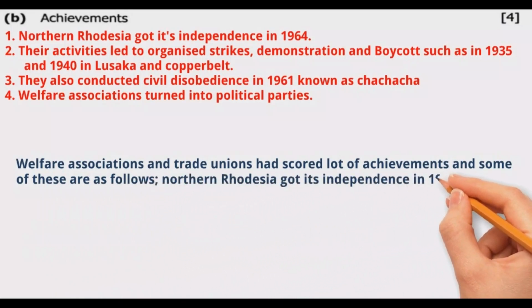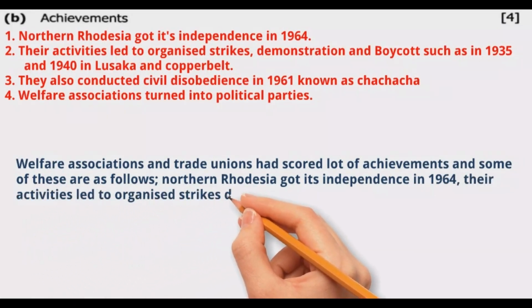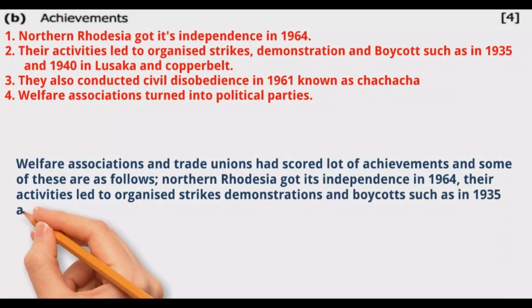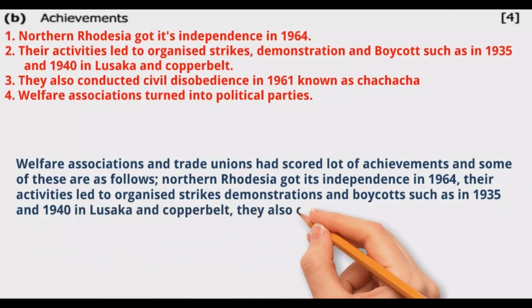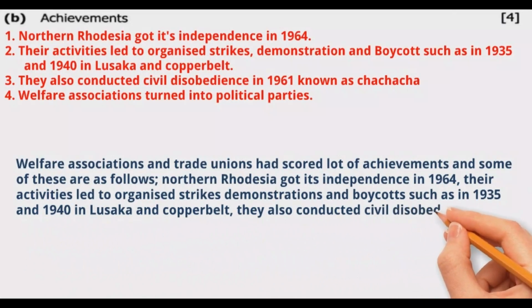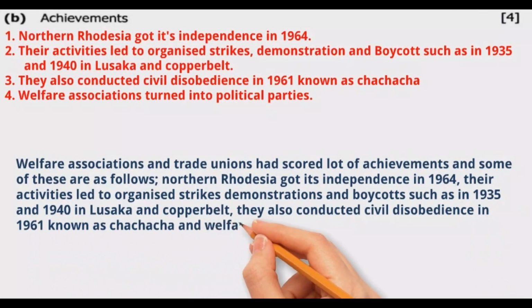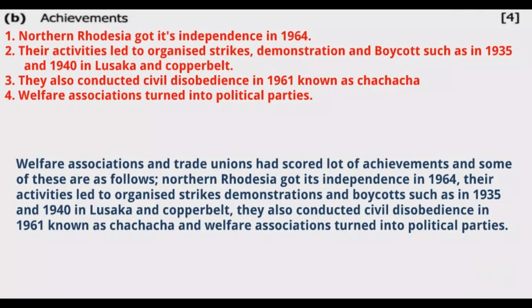Their activities led to organized strikes, demonstrations, and boycotts, such as in 1935 and 1940 in Lusaka and Copperbelt. They also conducted civil disobedience in 1961, known as Cha-Cha-Cha, and welfare associations turned into political parties. So that is the short essay on that question.